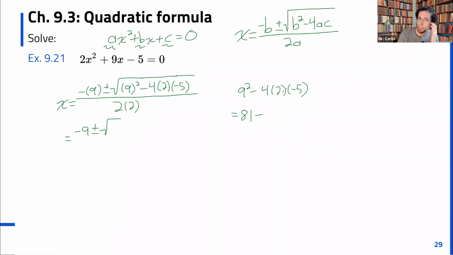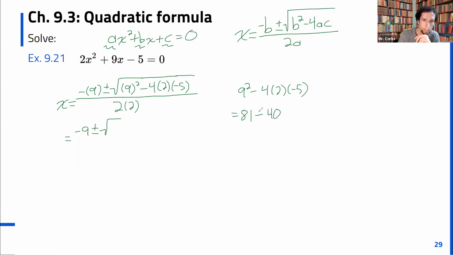81 minus, what will this other part work out to? 45. No, it's negative 40. 40, okay, and plus, are we positive or negative?